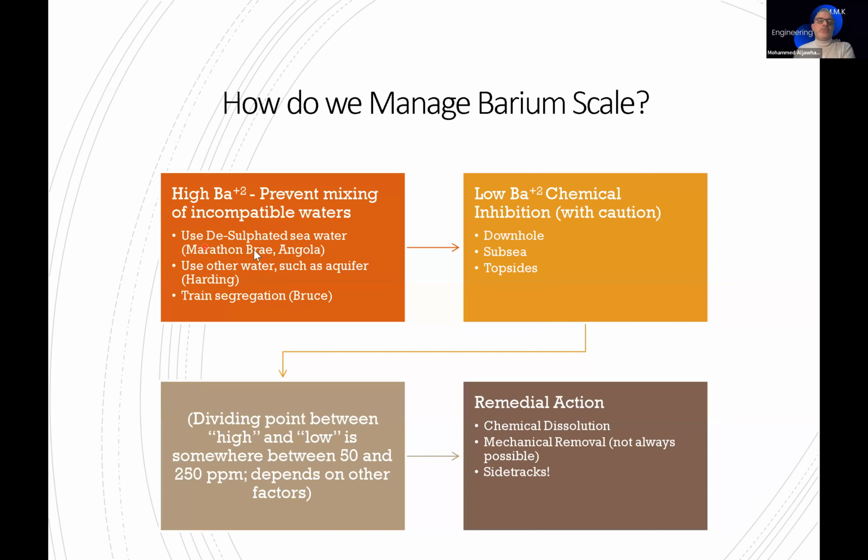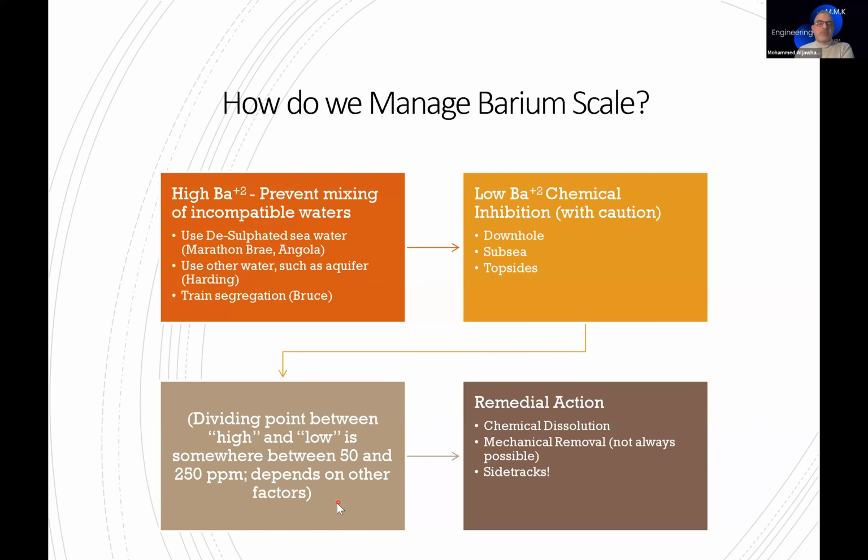We have to prevent mixing incompatible water, use low barium chemical emission with cation, downhole and topsides, with a dividing point between high and low. Because if we have high barium or low barium, somewhere between 50 and 250 ppm, it depends, we have other factors playing around.